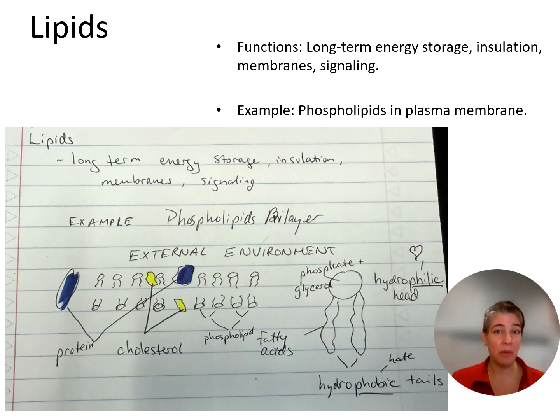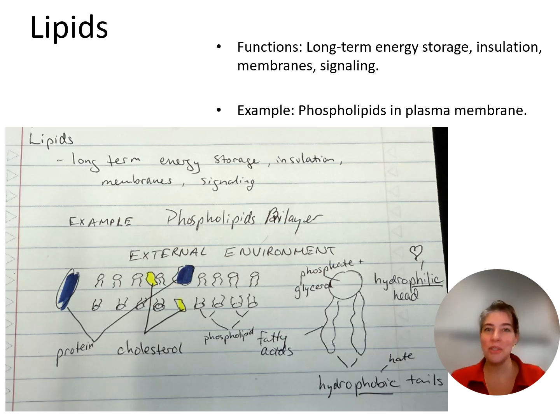That phospholipid bilayer, in my opinion, is one of the most awesome things. It lets our cells have control over what enters and leaves, so it's very important for proper cell function and homeostasis. Lipids are also chemical messengers, like steroid hormones.